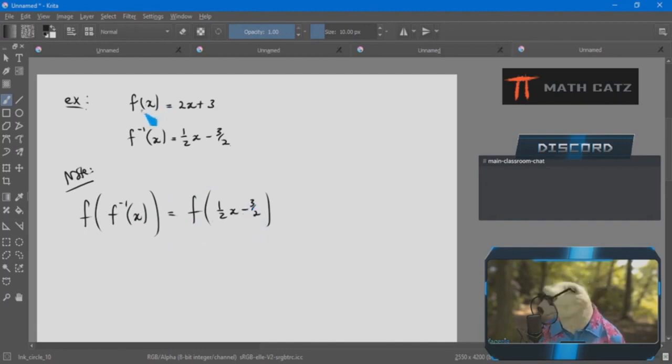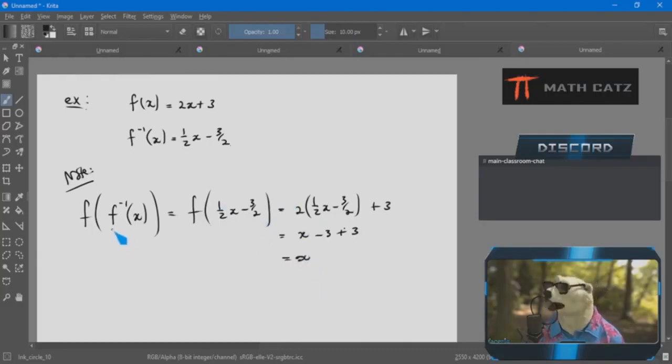What does f do? F takes its input, multiplies it by 2. So let's do that. And then adds 3. So now when I multiply the 2 in, I get x. I get minus 3, and then this plus 3, so I get x. What does that mean?